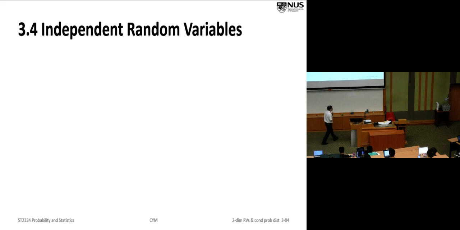Okay. So yesterday we talked about joint distribution, the marginal distribution, and the conditional distribution. You have to understand that for a given sample point, you can have more than one random variable related to this outcome or sample point of the sample space. So in order to understand fully how these two or more random variables behave, we need to know the joint distribution.